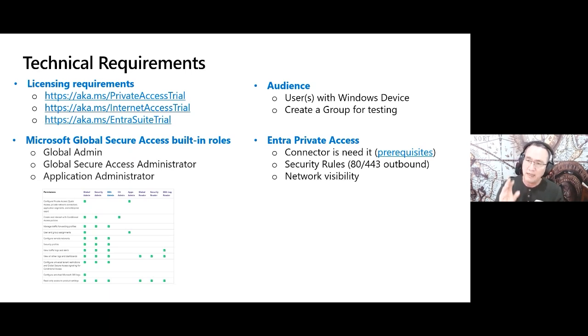I need to be sure that the connector that is installed, configured and registered in my infrastructure has all the IPs, has all the rules, has all the visibility from the VLANs, from the network access, whatever you are building to access this application.